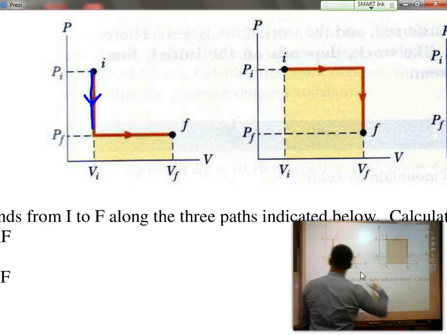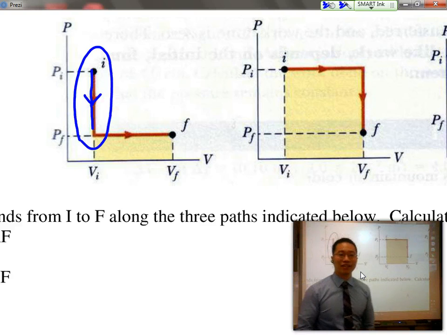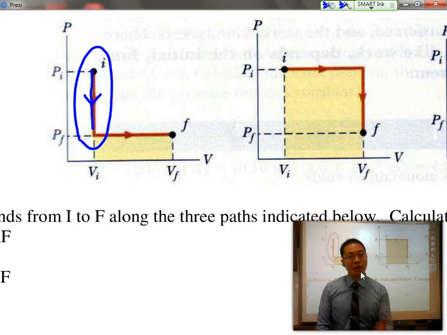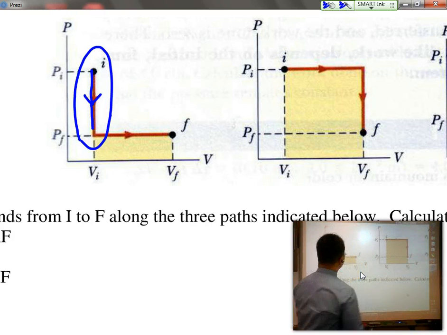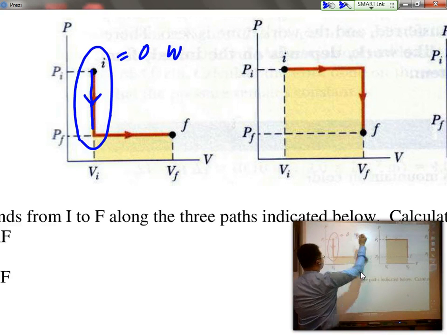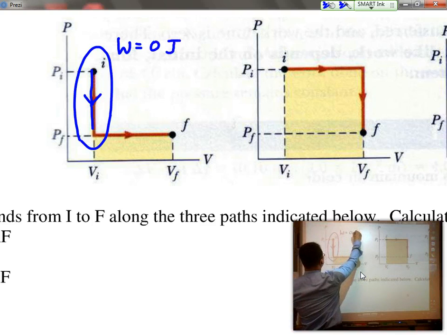But right now, if you take a look at this first line, how much work is technically done during that first process? Well, how much area is there underneath the line? Of course, the answer is 0. So this would equal 0 work. Or really, sorry, work equal to 0 joules.